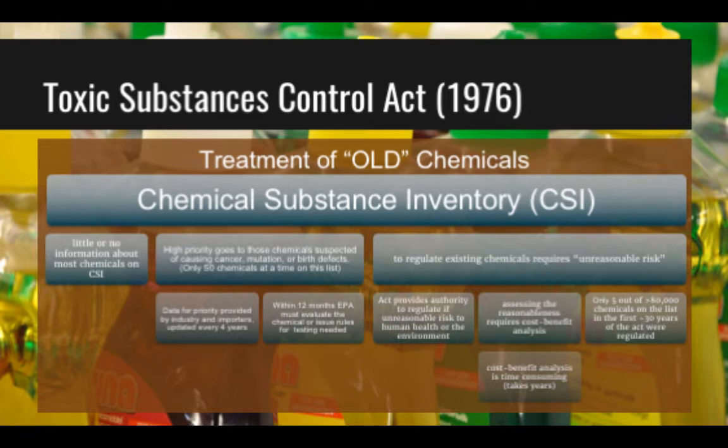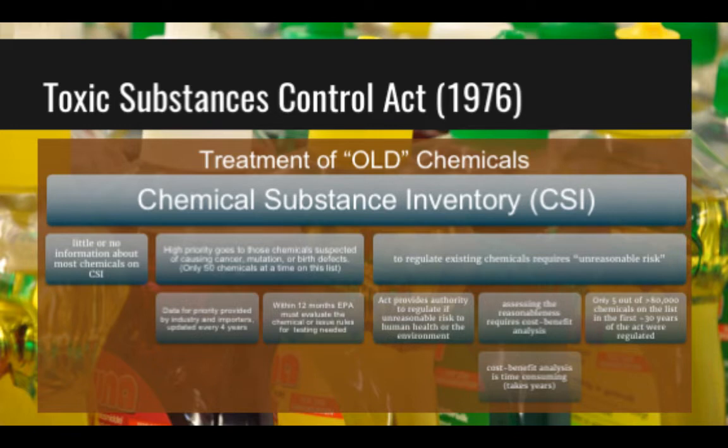Information used to determine whether a chemical is high priority comes from manufacturers and importers and is updated every 4 years. Putting a chemical on the high priority list means that the chemical is subject to further investigation and testing. High priority goes to those chemicals suspected of causing cancer, mutation, or birth defects.